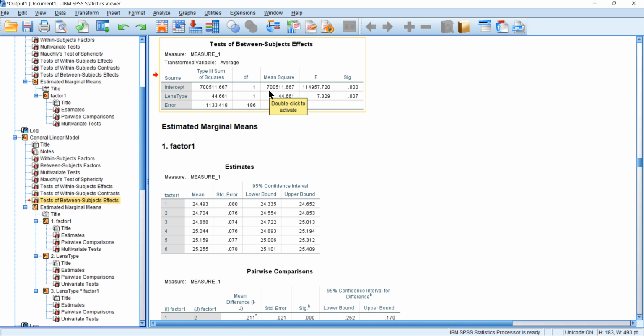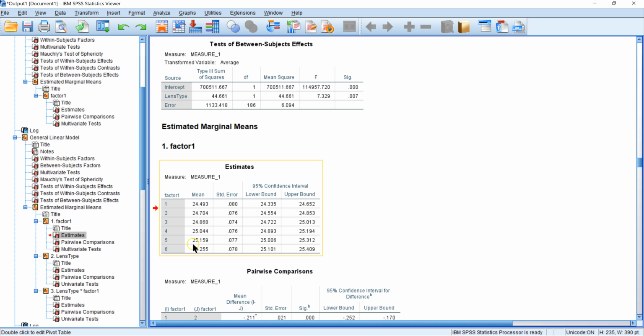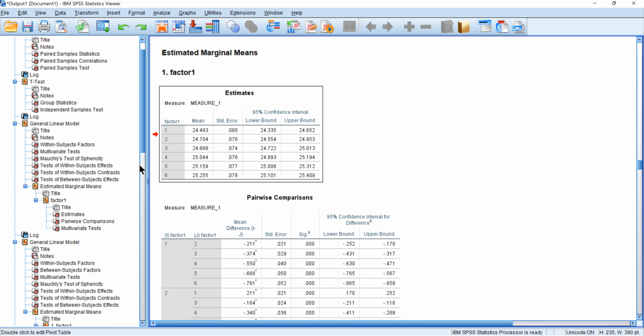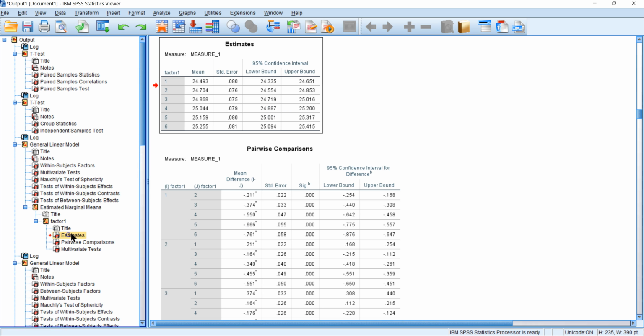We've covered this before. And then you get your estimates again. The estimates are exactly the same. Standard errors are a little bit different because now we have accounted for some of the variability in terms of lens types. So they're not going to be the same as the estimates up here. 0.080, 7675.